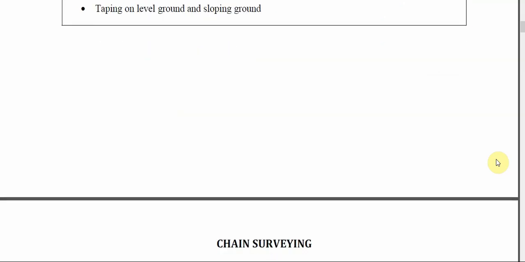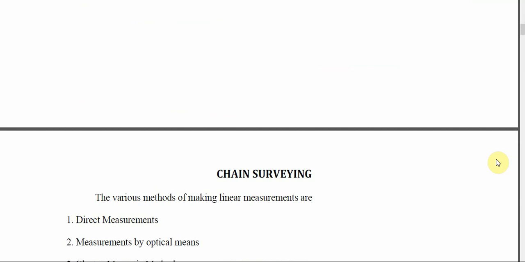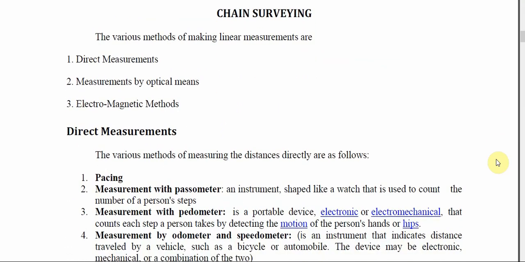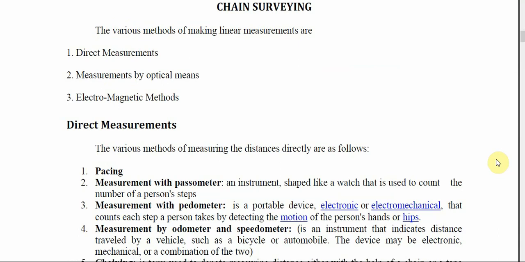So first let us look at the various methods of making linear measurements. Linear measurements can be done by direct measurements, measurements by optical means, and electromagnetic methods.